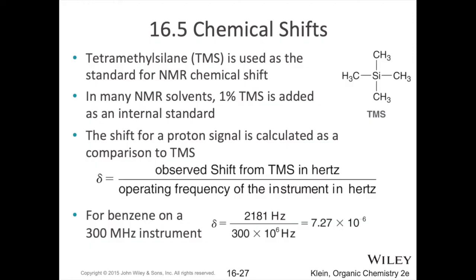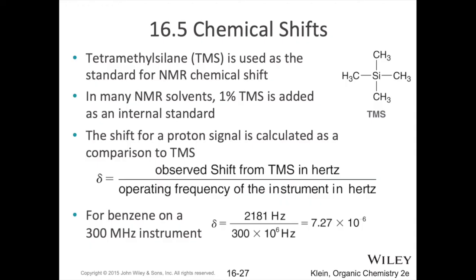It's a problem I actually alluded to earlier when we talked about the different magnets that we could use for different machines, and that is that depending on the magnetic field strength you're dealing with, the strength of your magnet, these shifts are going to be different. This distance from your TMS peak will be a different number of hertz.